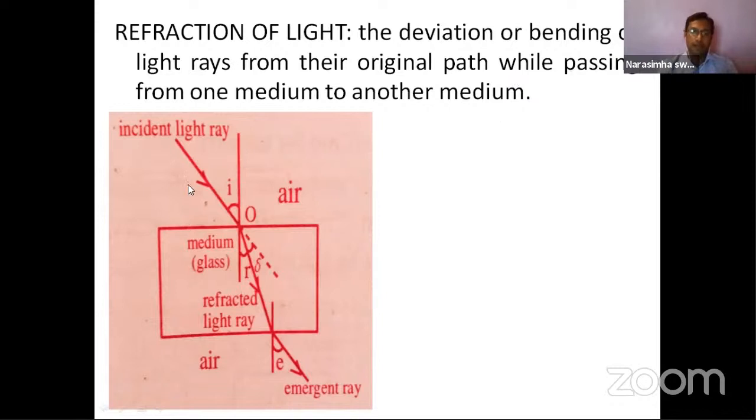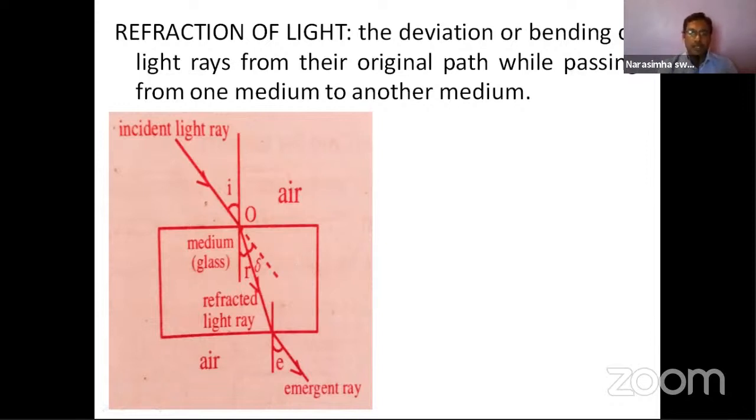to another medium. So the deviation happens only when the light ray travels from one medium to another medium. So that bending is called refraction.